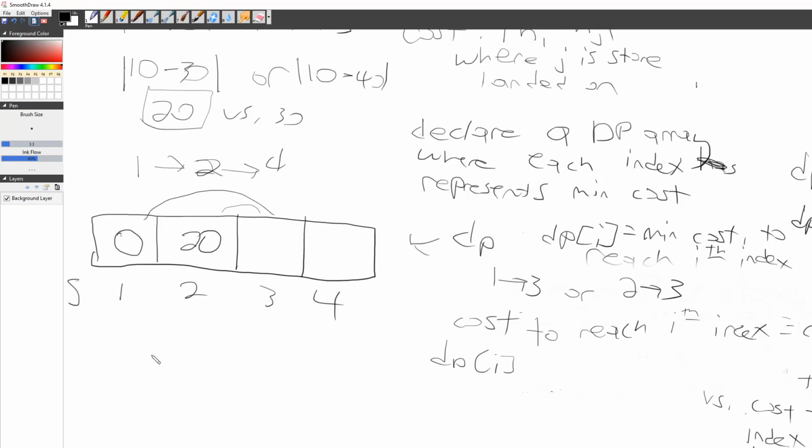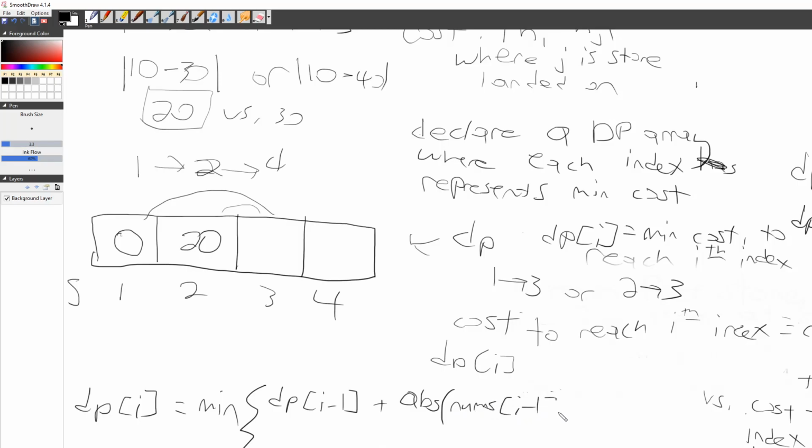Well, let me write this out nicer. Okay, dp sub I equals minimum of dp sub I minus 1 plus abs, getting a little pseudocodey, nums sub I minus 1 minus nums sub I. That's a minus sign.